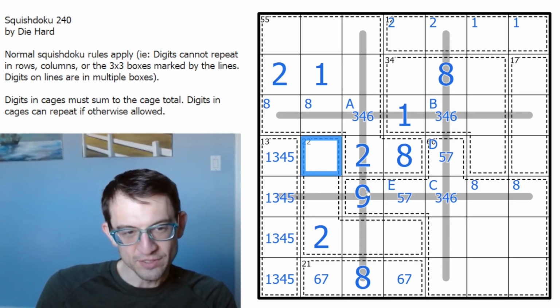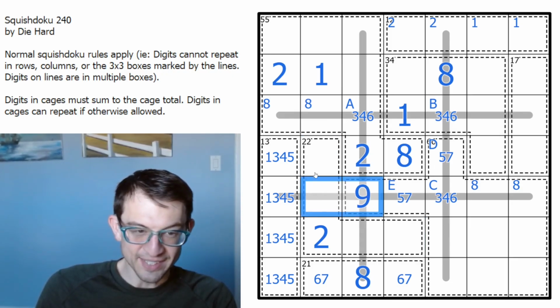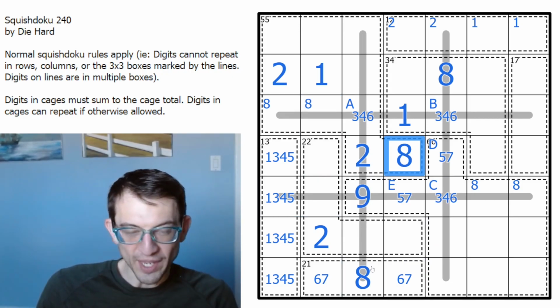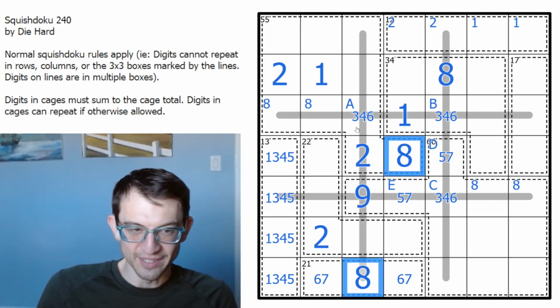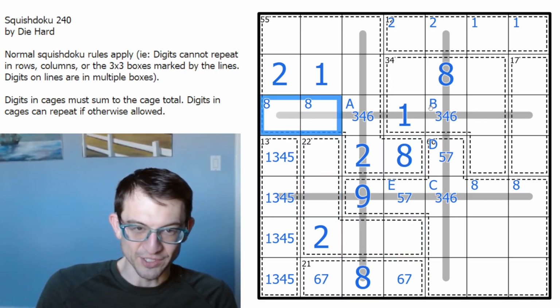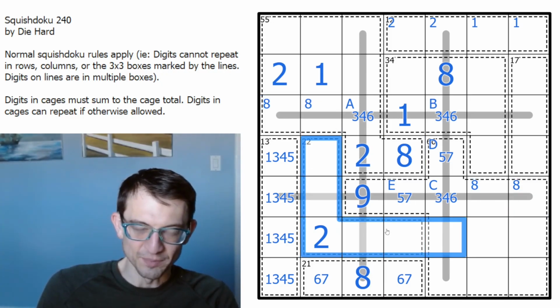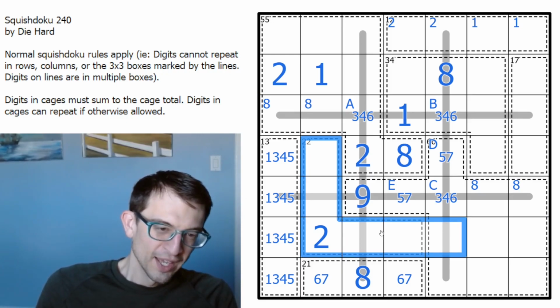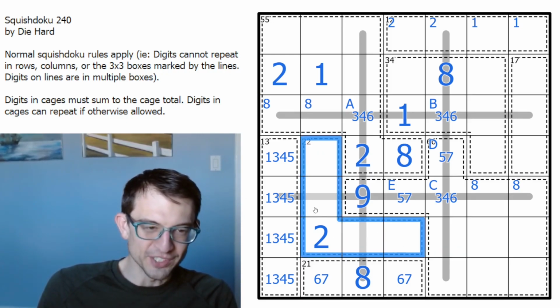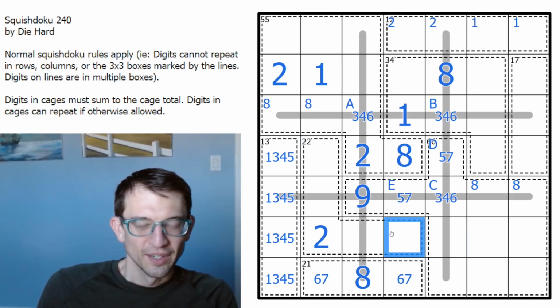And that's because this 9 sees everything in the 22 cage by box logic. And these 2 8s also see, I mean, there's no 8 possibility. All my 8s are drawn in somewhere. There's no 8 in this cage either. So it's hard to fill this cage up with digits high enough to get to 22, right?